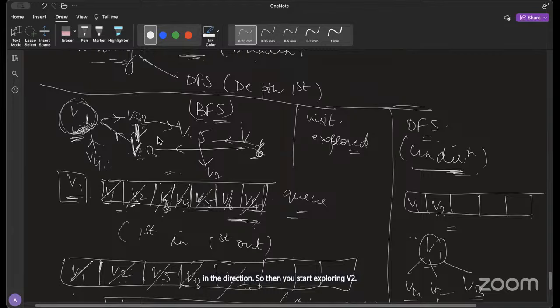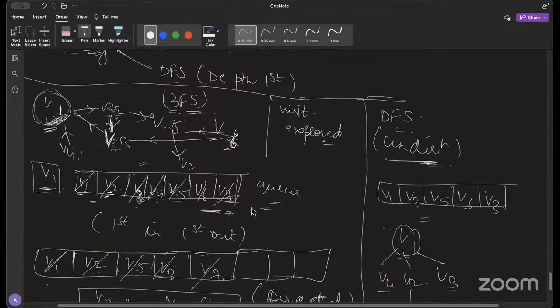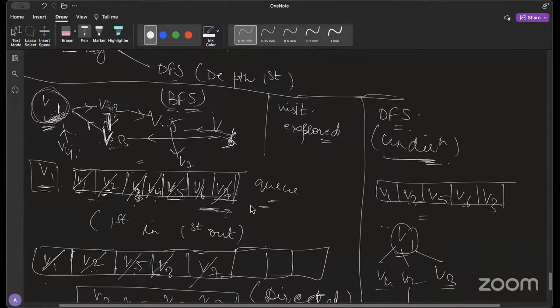So coming to V2, you can go to V5, go to V3, and that's it. Let's just pick one of these, V5. Then from V5, you can go to V6, or you could have written V7 too, doesn't matter. And from V6, you can go to V3, right?